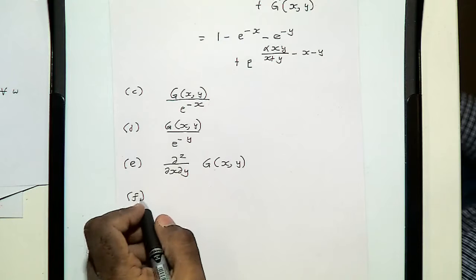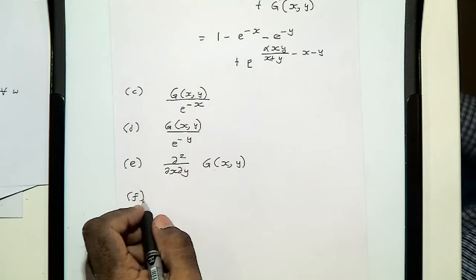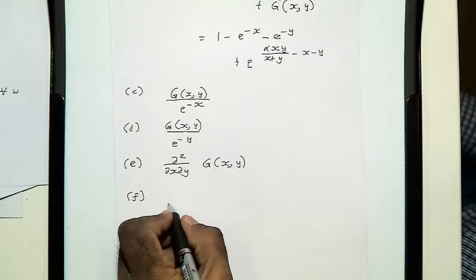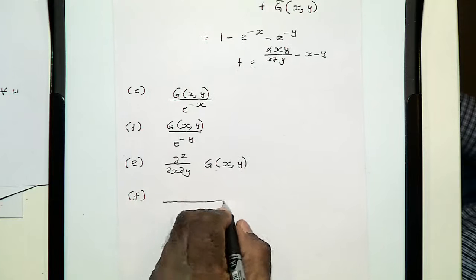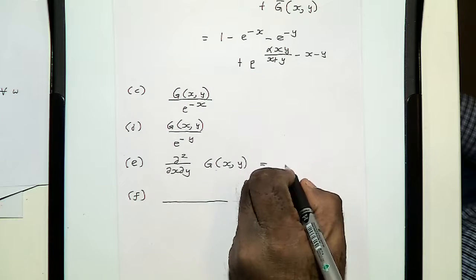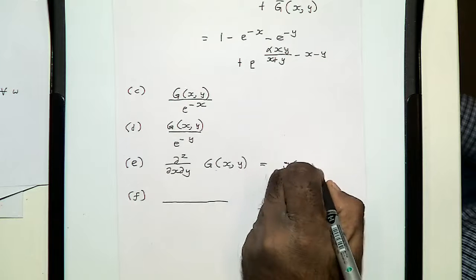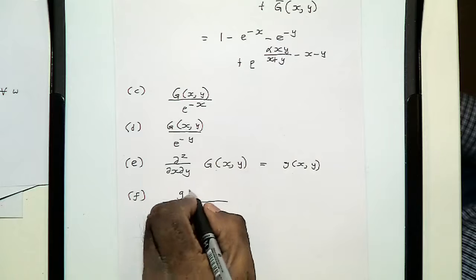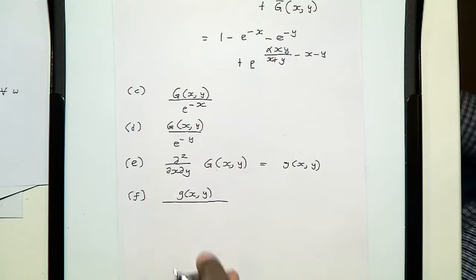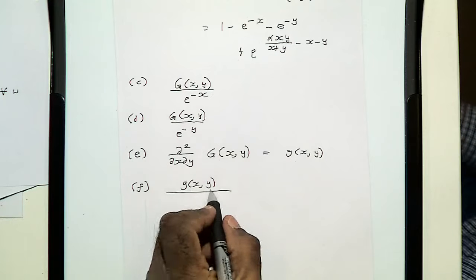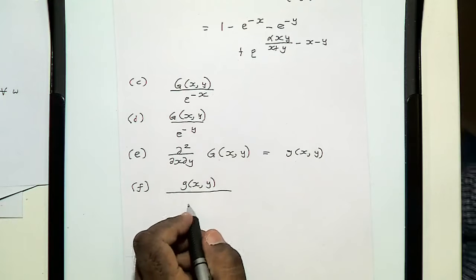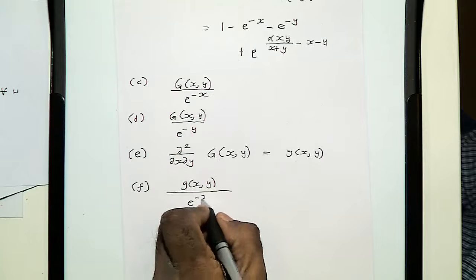And part F is the conditional PDF of y given x. So let me call this little g of x, y. So it's going to be the joint PDF divided by this, right?